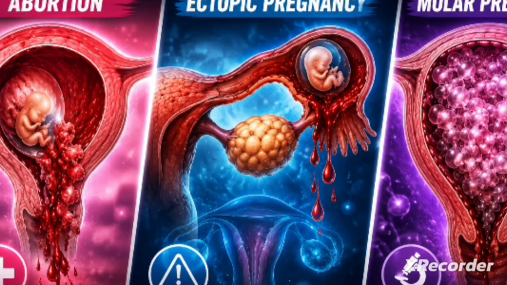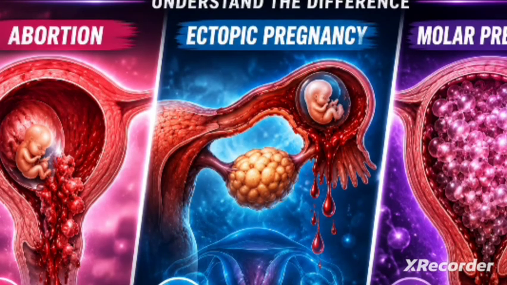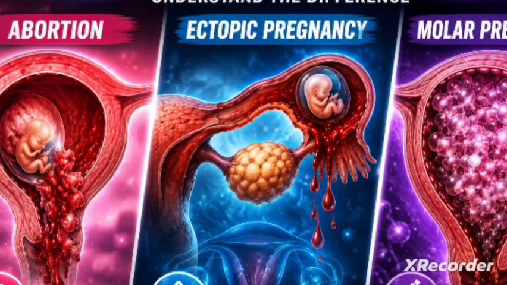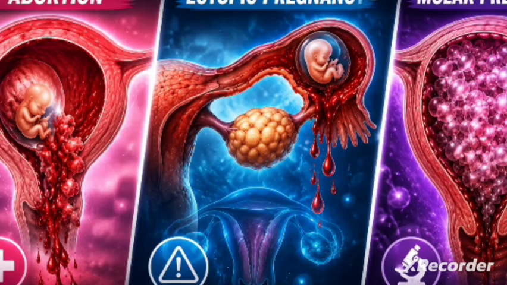Once it is carried as a blastocyst, it reaches the uterus, where it is implanted, and then becomes the embryo in the uterus. So ectopic pregnancy is when the implantation is not in the uterus but in the fallopian tubes.